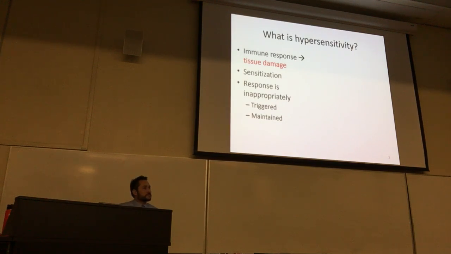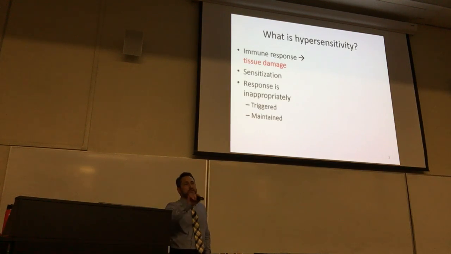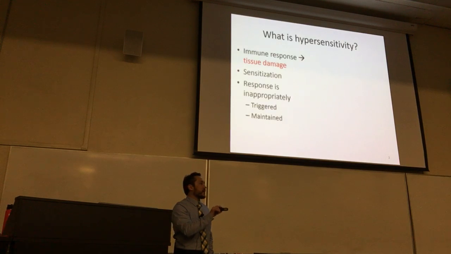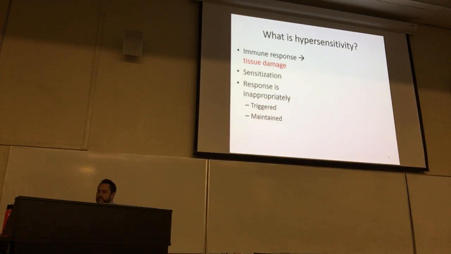It's too much, but it's too much of a good thing, because your body uses this mechanistic process in order to combat invaders. But the problem is the response is too much. It's hyper. It's overactive. So it is an immune response, but it's an immune response that's inappropriate. Okay?